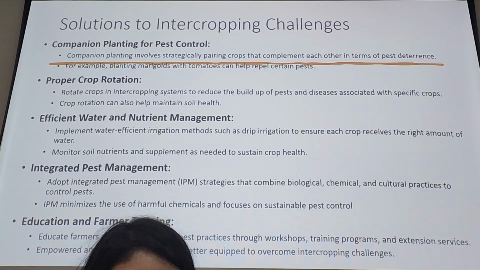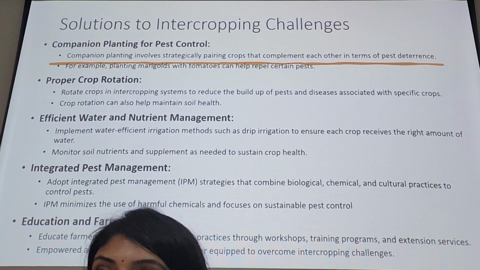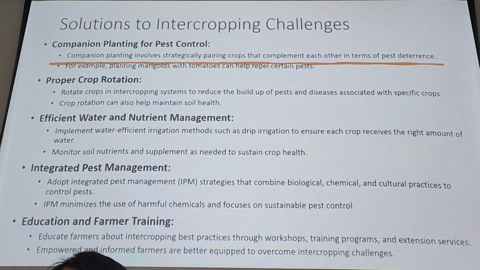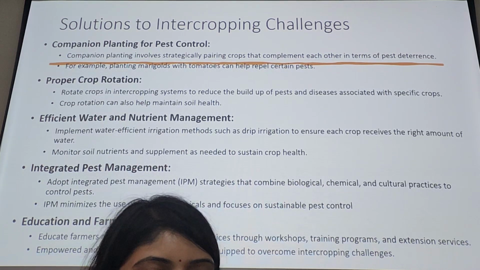Efficient water and nutrient management. We have to make sure we have an efficient irrigation system such as drip irrigation to make sure that the crops receive the right amount of water, and also that the crops have enough nutrients so that they don't compete with each other for water, nutrients and other resources.